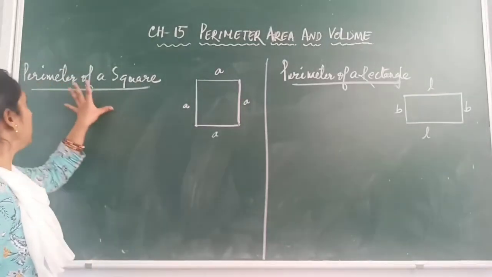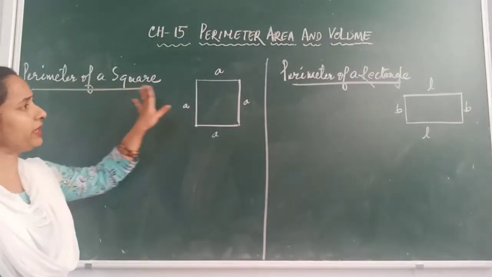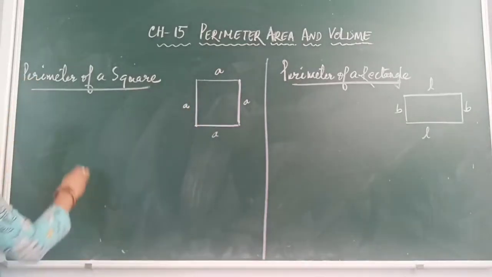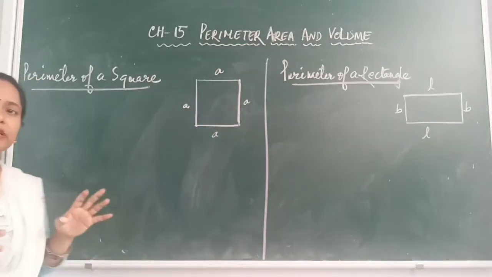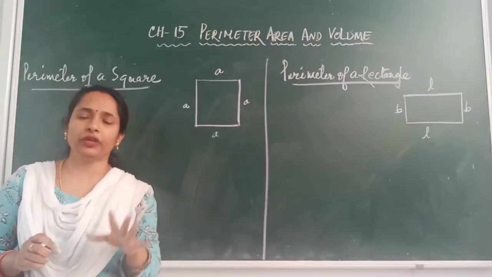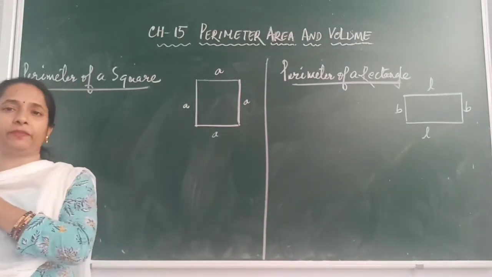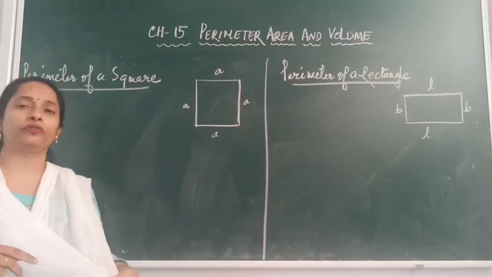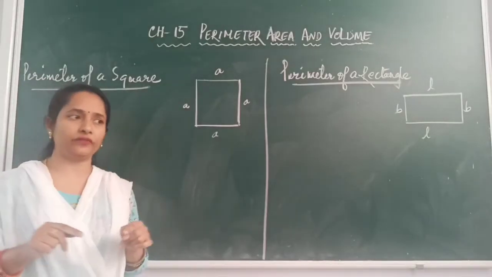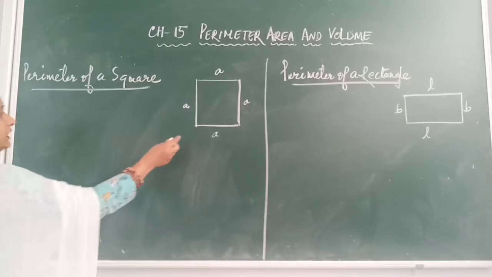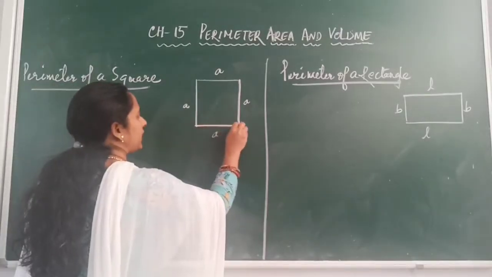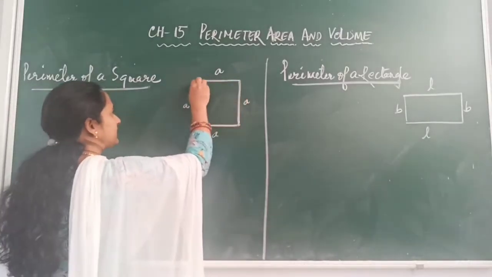Now let us see how to find the perimeter of a square and the perimeter of a rectangle. In order to find the perimeter of a square, what is the basic formula you know? We know that for any closed figure, if we want to find its perimeter, we will simply find the total length of the boundary. Now here we know in a square the length of each side is a.